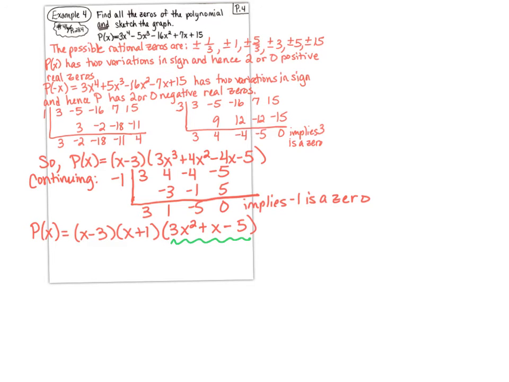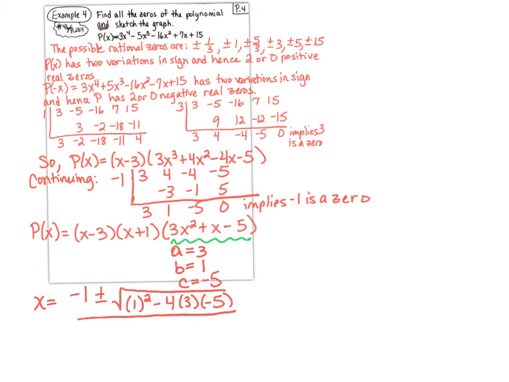Okay? So remember the quadratic, we need to know A, B, and C. A is going to be what? 3. What's B? 1. And what's C? Negative 5. So we're going to have x is equal to negative b plus or minus the square root of b squared, so 1 squared, minus 4ac, all over 2a.